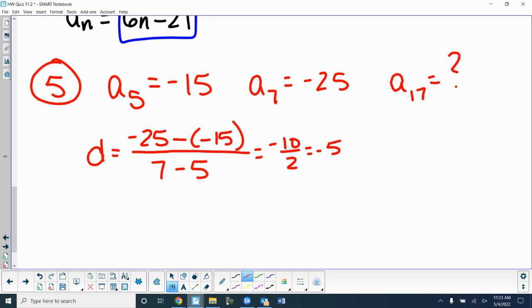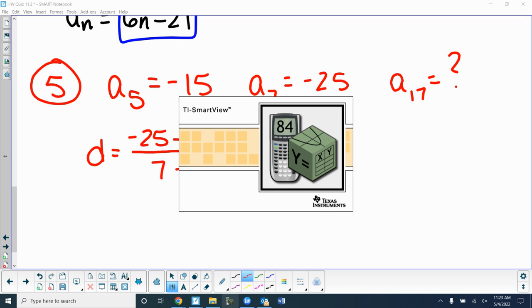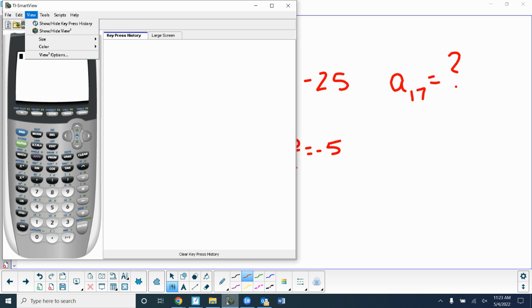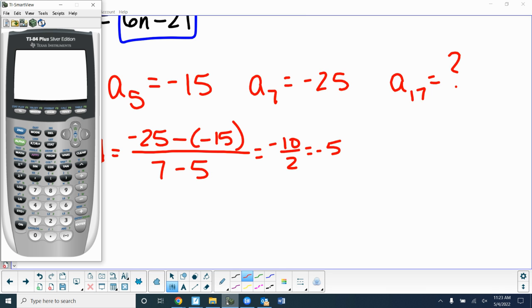So if you want, you could put negative 25 in your calculator, or you could write them out. Or do them out. Right? But if you wanted to, you put negative 25 minus 5 enter, minus 5 enter.